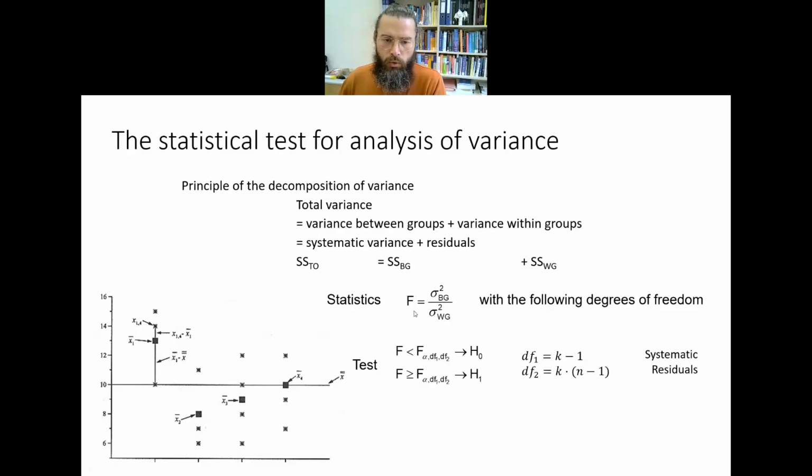These F values belong to a specific F distribution. And we know the density of these F distributions when we are able to establish the degrees of freedom for this distribution. So there is one for the numerator and one for the denominator.